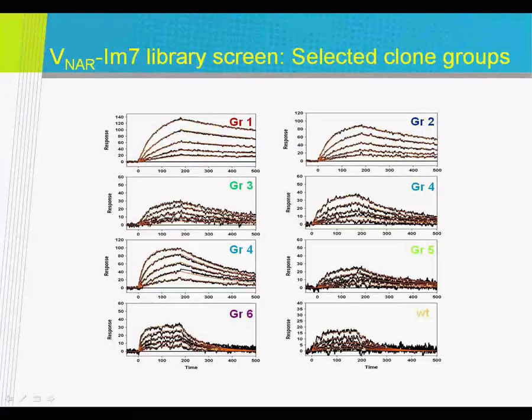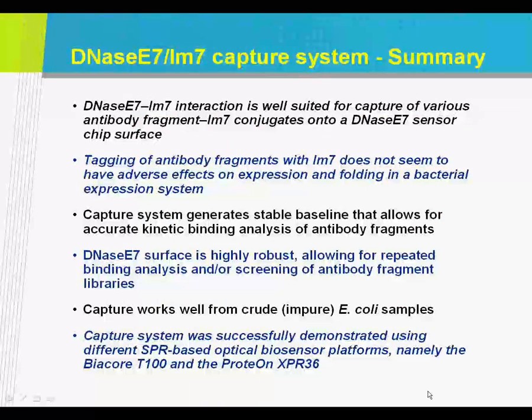In Biacore, we have regenerated 200 times or more, and the surface was still performing very well. The capture works very well with relatively impure E. coli samples. And we were able to demonstrate that this capture system works very well in Biacore and extremely well in ProteOn when it comes to screening.